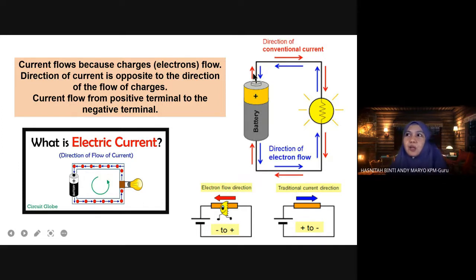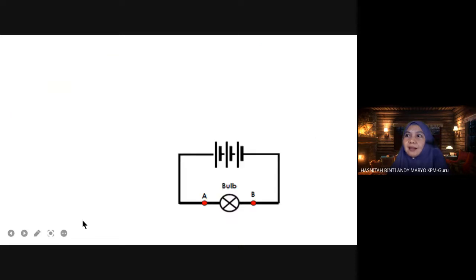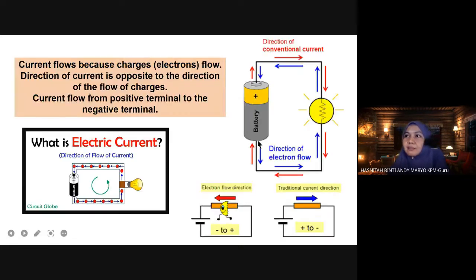So when you connect this connecting wire, electron flows from the negative terminal of the battery, it flows throughout the wire and finally it reaches here. The moment it reaches here, the circuit is complete, so it will produce current. So current flows the other way around.